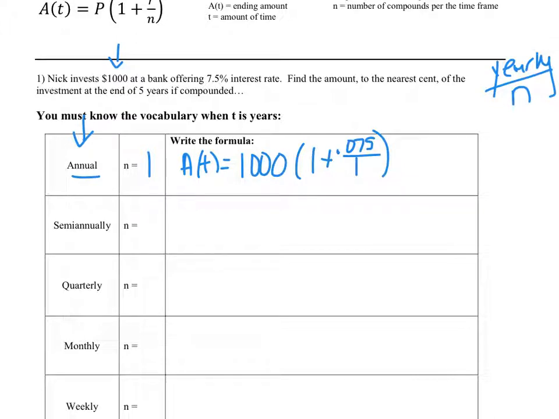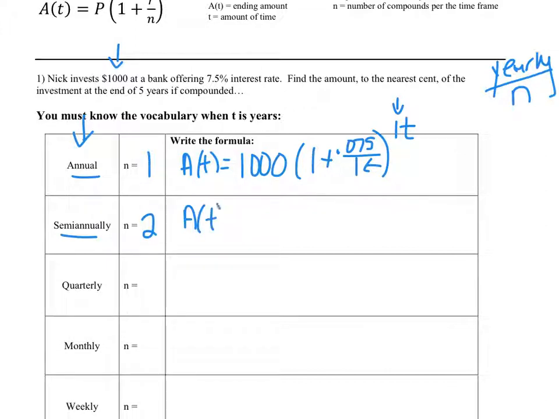So what we have to do here is time is still T, it's still years, but we're going to multiply it by 1. So this number and this number make no difference in this problem. But once you get to semi-annually, that means twice a year, that number is going to change to a 2.